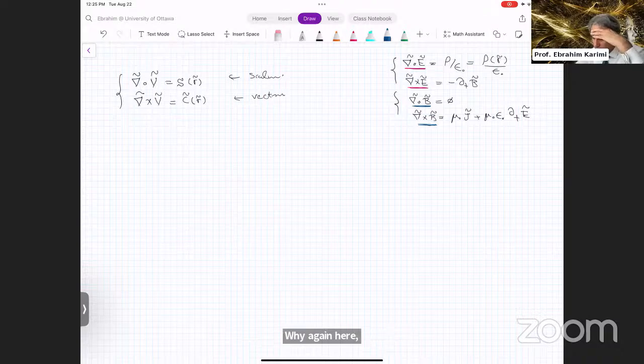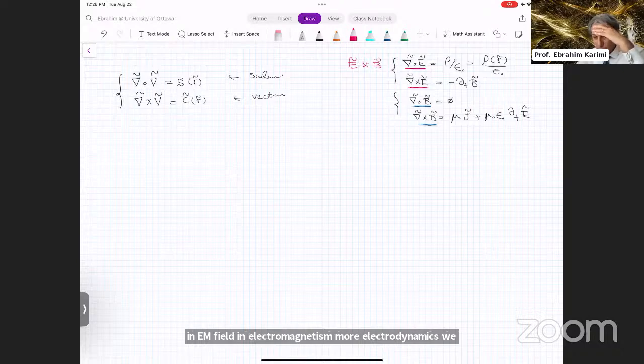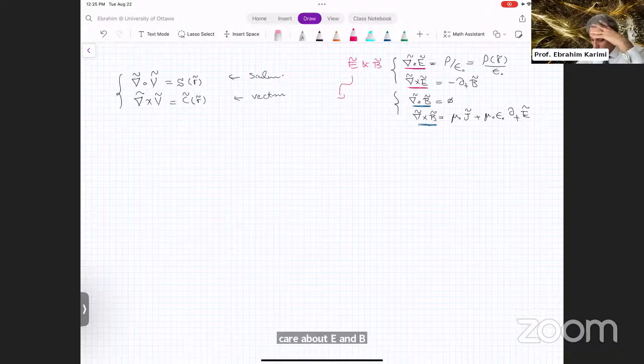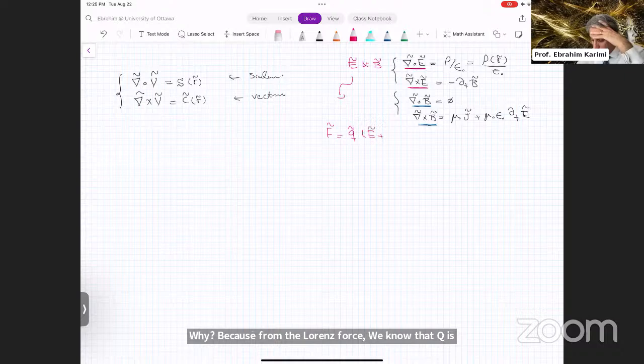Because in electromagnetism, or electrodynamics, we care about E and B. Why? Because from the Lorentz force, we know that the force is given by Q E plus Q V cross B, where V is the velocity of the charge.